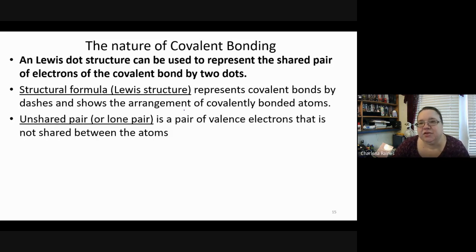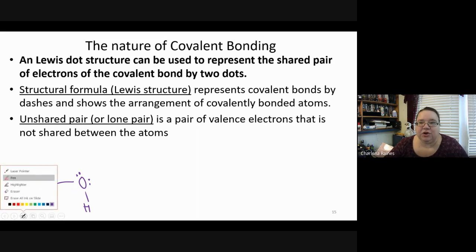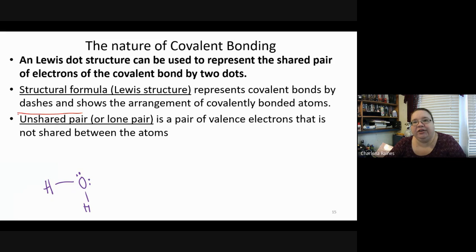Now, when we're looking at those Lewis structures, we can see some specific information in them. I'm actually going to draw the one for water here. We can see the bonds that are formed, and we can see what are called lone pair electrons. Lone pair electrons are electrons that are unshared.